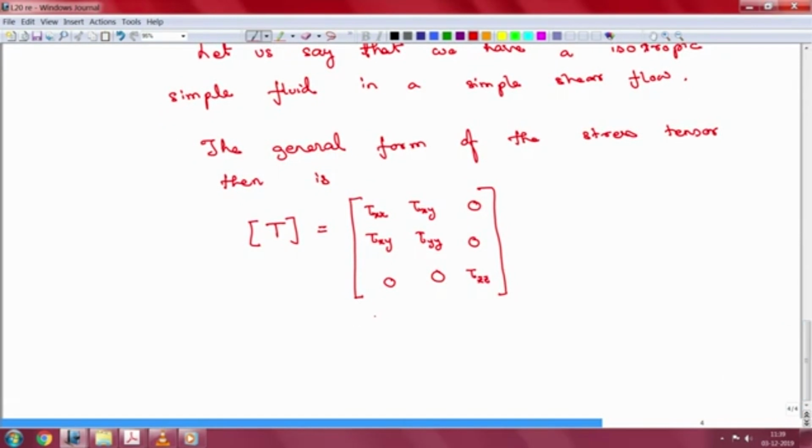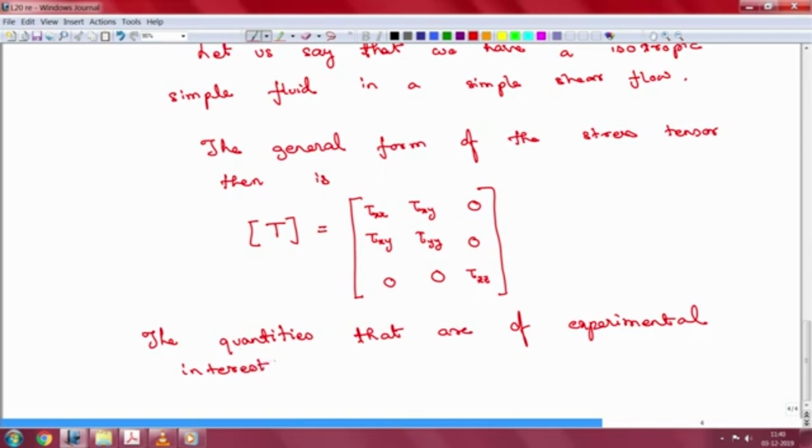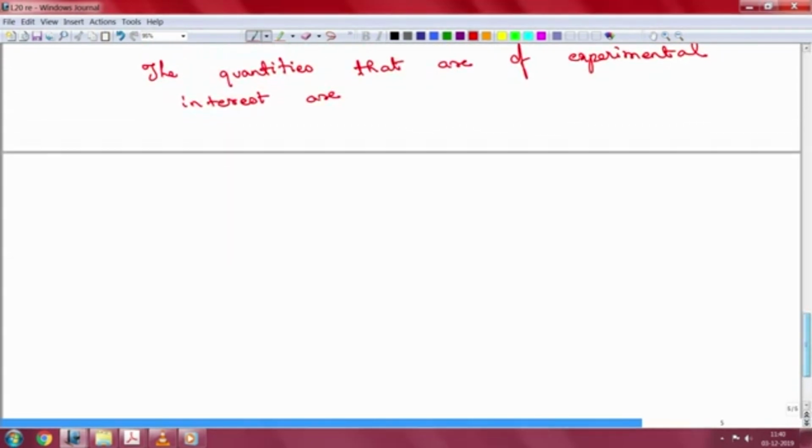Now the quantities that are of experimental interest here. One of the quantities is obviously the shear stress, we have already written that down, tau xy.